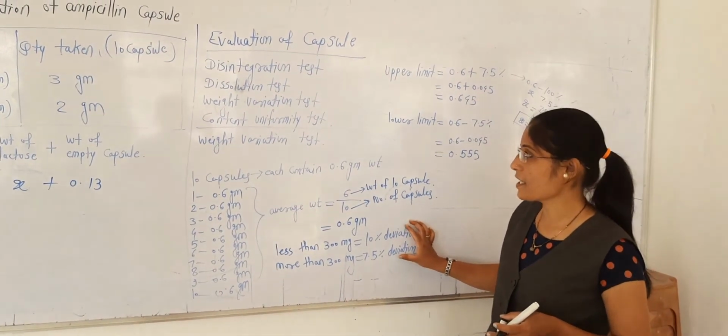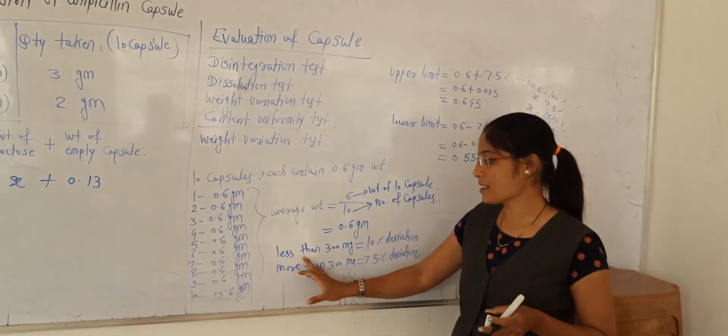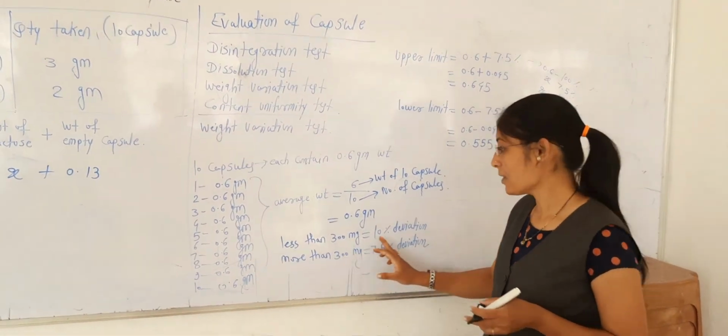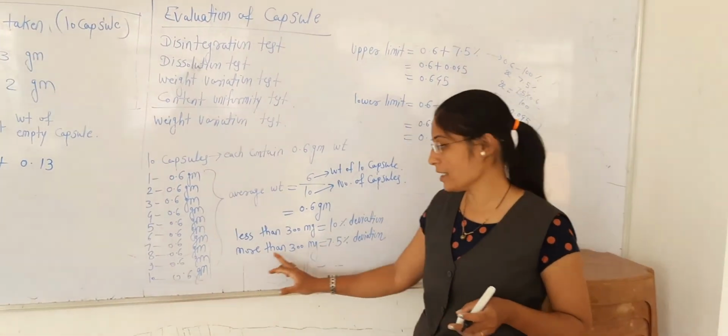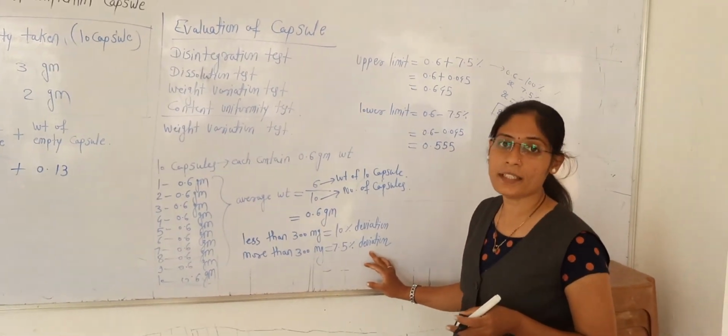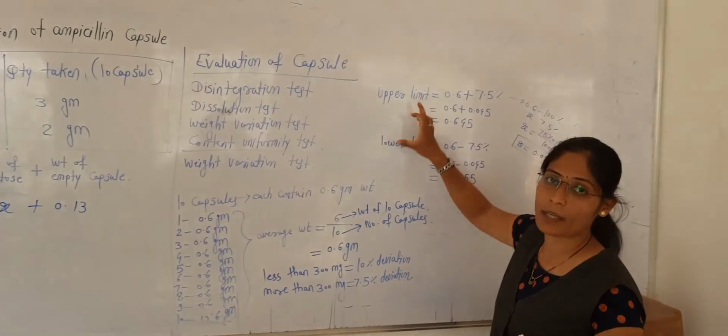This criteria is for the weight variation test. If the medicament of the capsule is less than 300 mg, it shows 10% deviation, and if it is more than 300 mg, it shows 7.5% deviation. So by using this specification, we can determine the upper limit and lower limit.